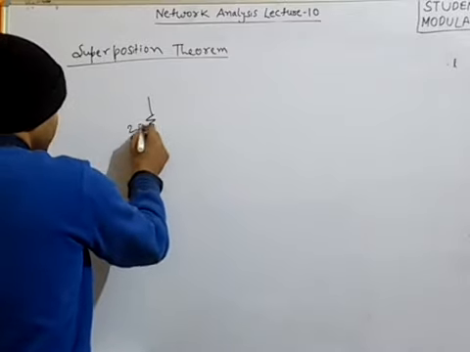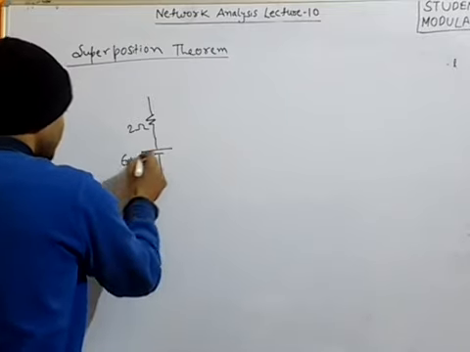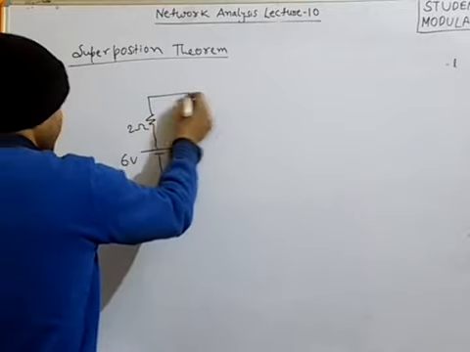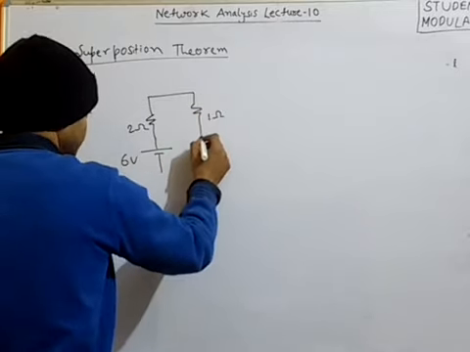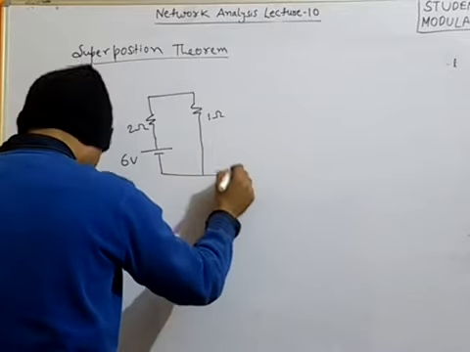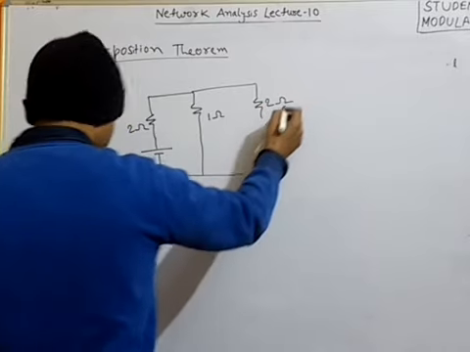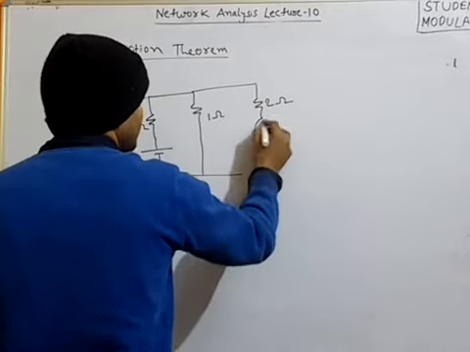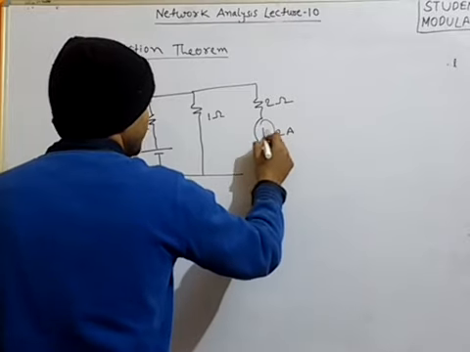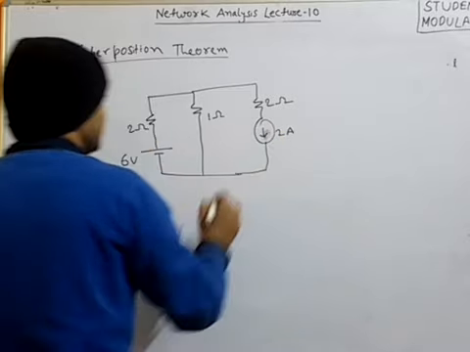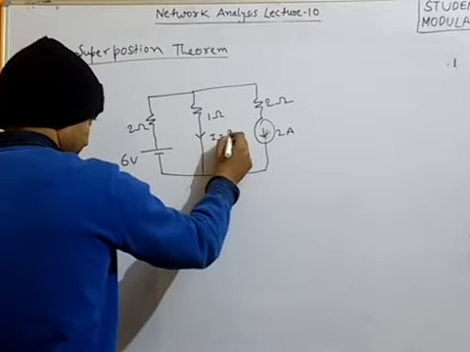There is a 2 ohm resistance and one 6 volt voltage source, and a 1 ohm resistance. Finally we have a 2 ohm resistance with a 2 ampere current source.